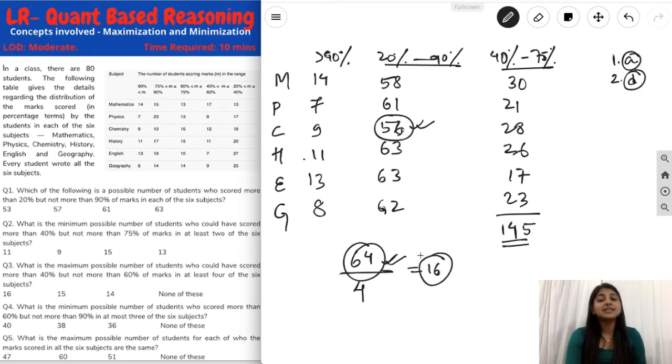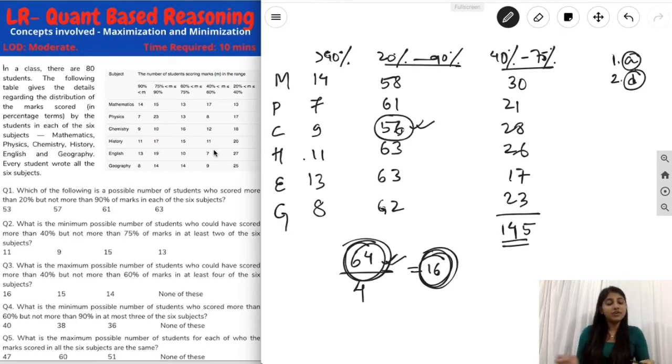So 16 students with 4 subjects each, then the maximum we can have is 16 students, because there are a total of 64 enrollments in 40 to 60. Therefore, if we simply divide it by 4, we can maximize the number of students who are in this range in at least 4 of the 6 subjects.